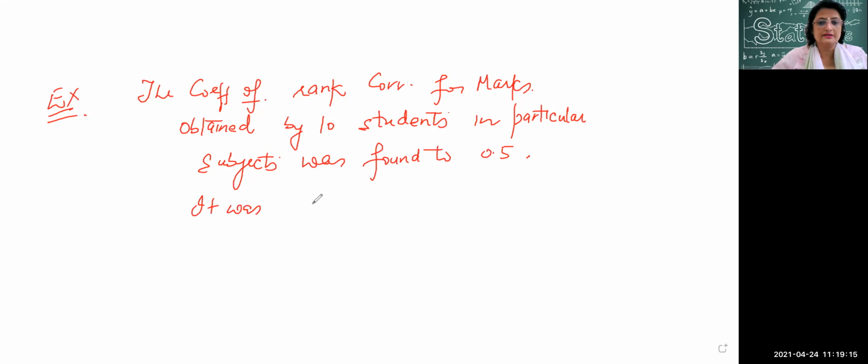It was later, ये करेक्शन का क्वेश्चन हो गया. करेक्टेड पीछे हमने किया था, हाउ टू फाइंड द करेक्टेड Karl Pearson's coefficient of correlation. So this question is related to corrected rank correlation.